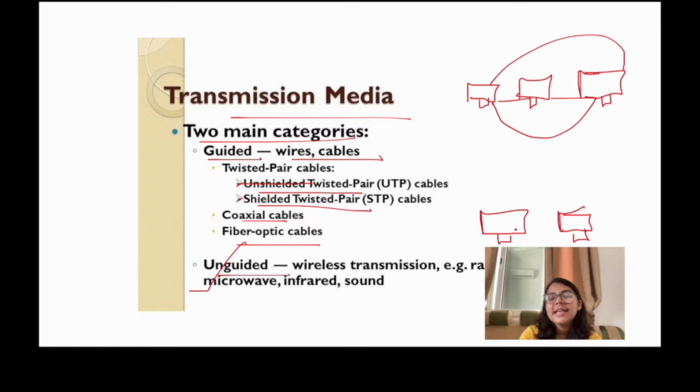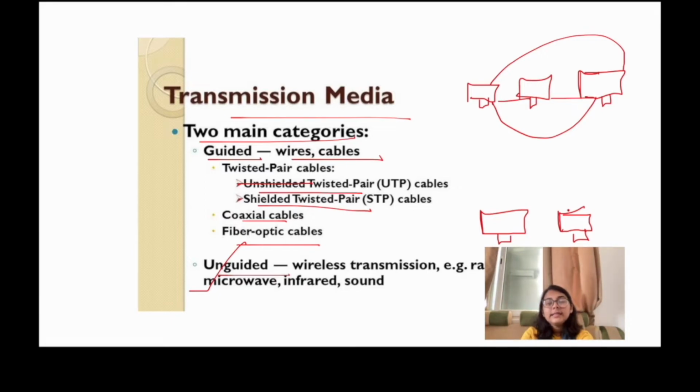Are you able to see any wires or cables here? So we can say this is a wireless transmission, which means it will not interconnect the computers with the help of wires. It is using wireless technology.